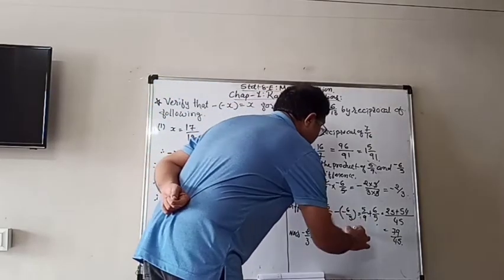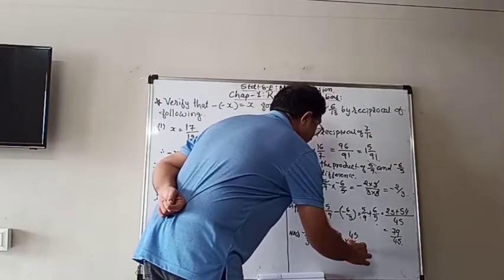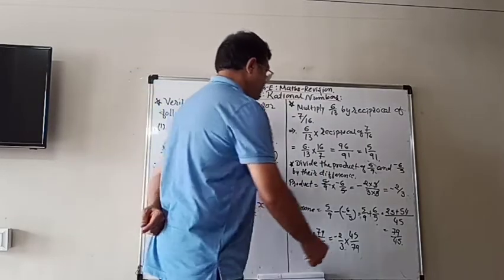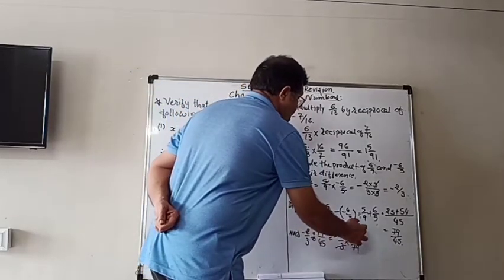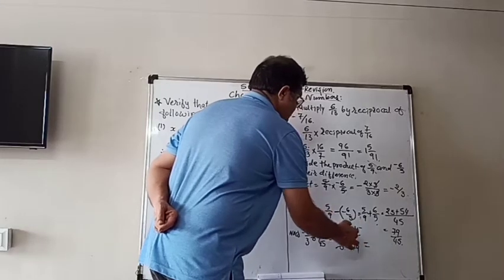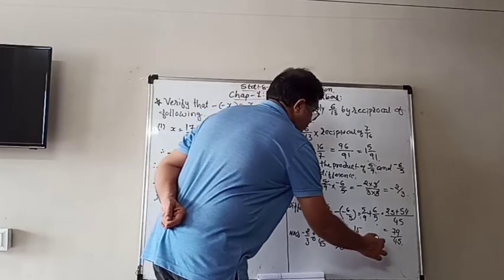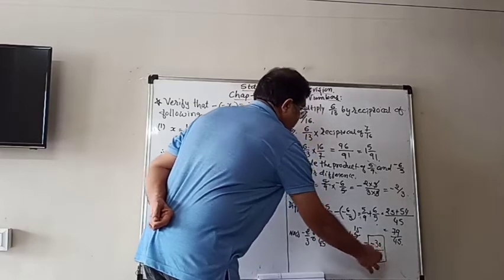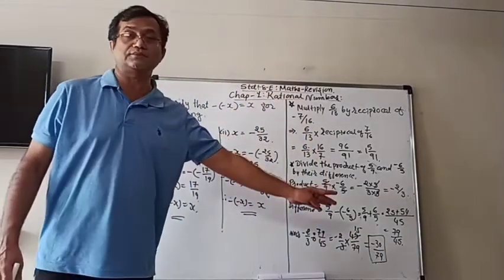So multiplied by 45 upon 79. Now 15 3s are 45. So answer is 15 2s are 30, minus 30 upon 79. That is your final answer.